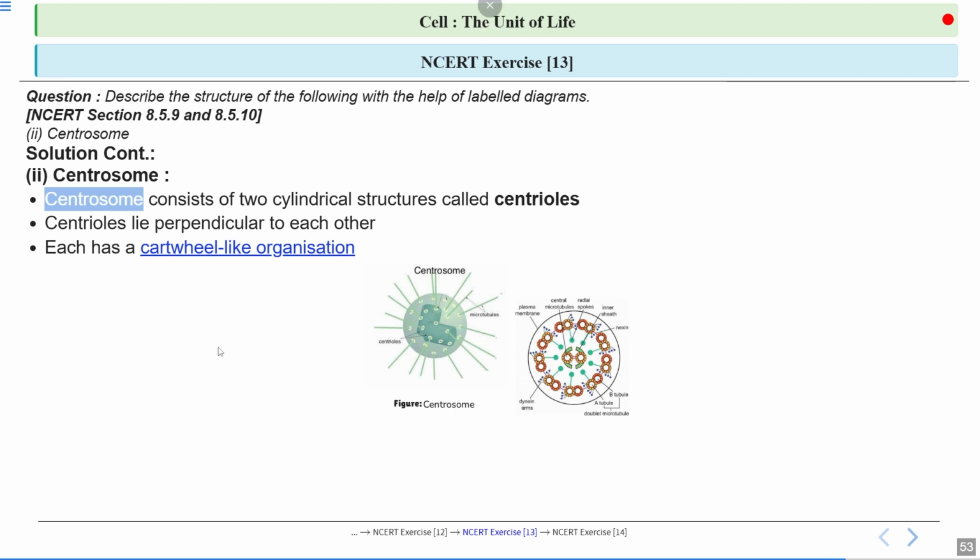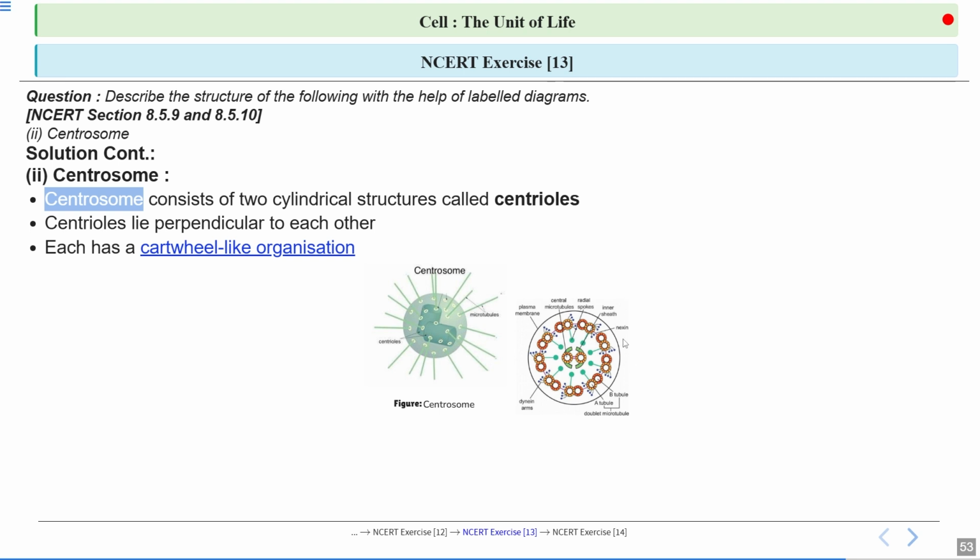This is the centrosome. You can see it consists of these two centrioles, and they are arranged perpendicular to each other, at 90 degrees. The centrioles help in spindle fiber formation. And this is the axoneme.